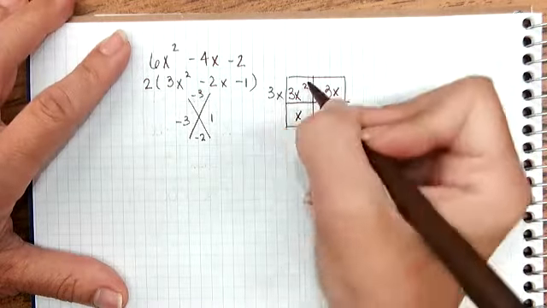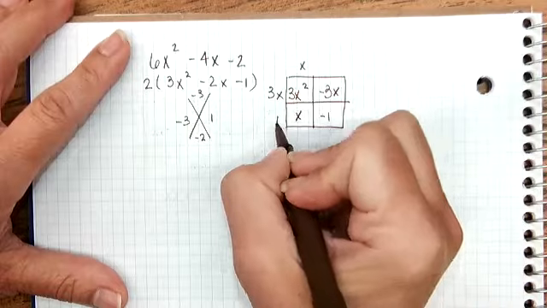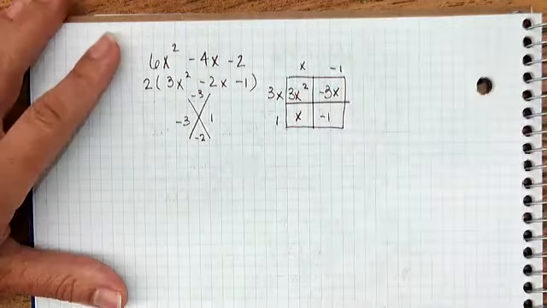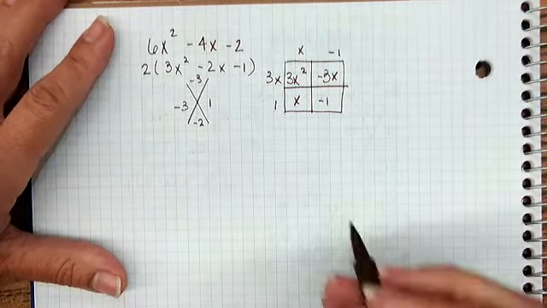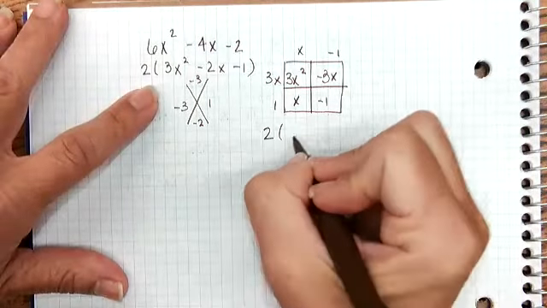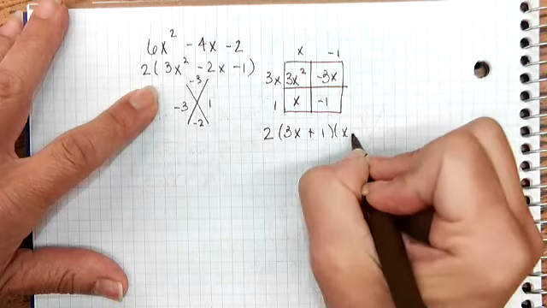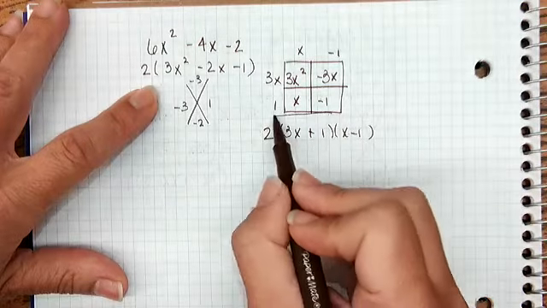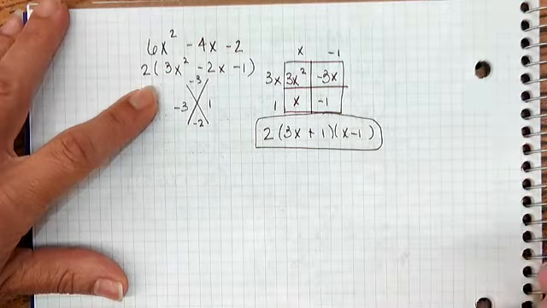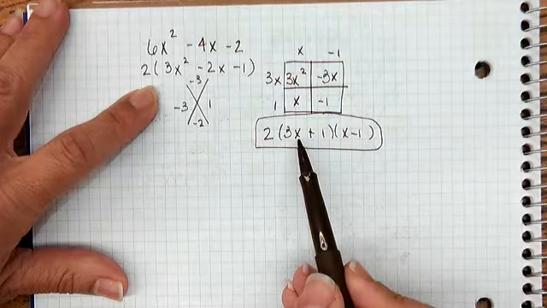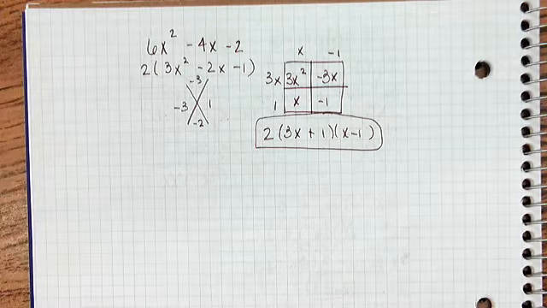GCF is 3x, x, 1, -1. So the 2 that you pulled out to begin with, 3x plus 1, x minus 1. The order does not matter. When you multiply, order doesn't matter. So if you have x minus 1 first and then 3x plus 1, no problem.